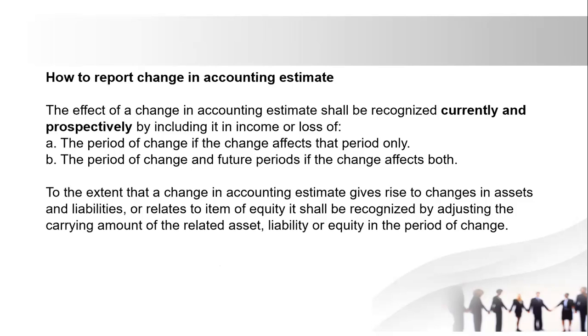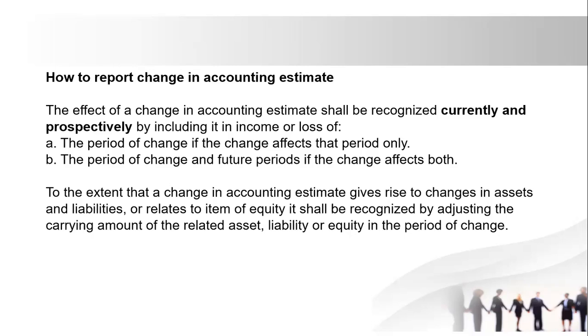How to report an accounting estimate? The effect of a change in accounting estimate shall be recognized currently and prospectively by including it in income or loss of the period of change if the change affects that period only, and the period of change and future periods if the change affects both.